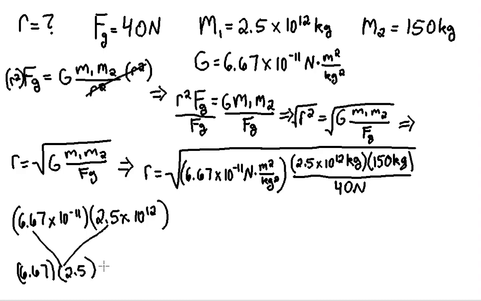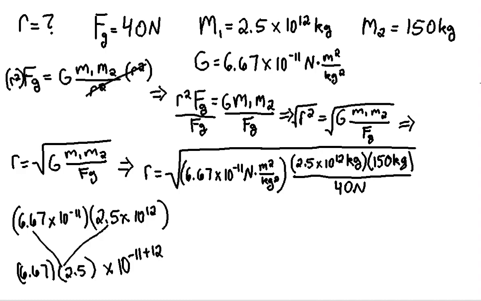This we actually need a calculator for. Everything else, other than when you get to here and here, you can do with your fingers. So multiplied by 10 to the, now we add our exponents. So we have negative 11 plus 12.